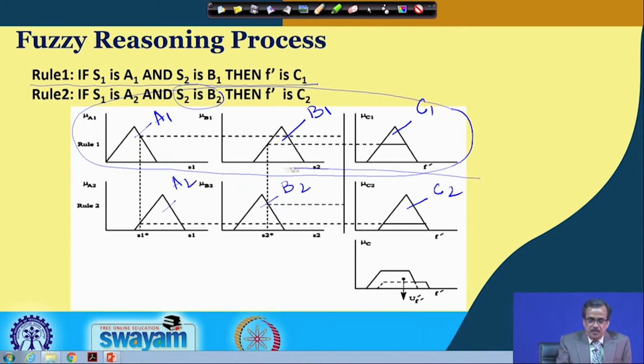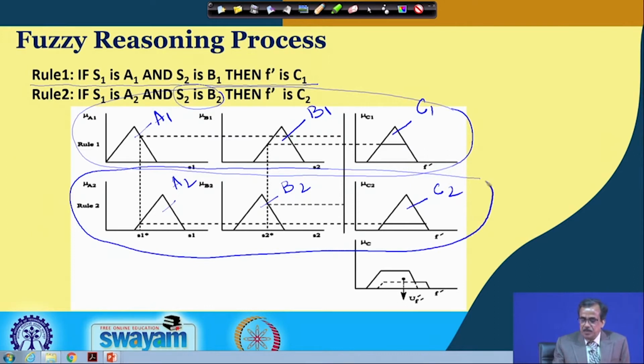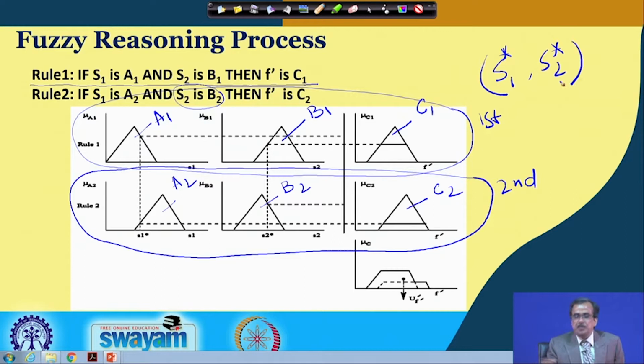The second rule is represented by this particular part of the figure. So, this is the first fired rule, and this is the second fired rule, and supposing that I am passing one set of inputs, the inputs are S1 star and S2 star. So, this is the set of inputs.